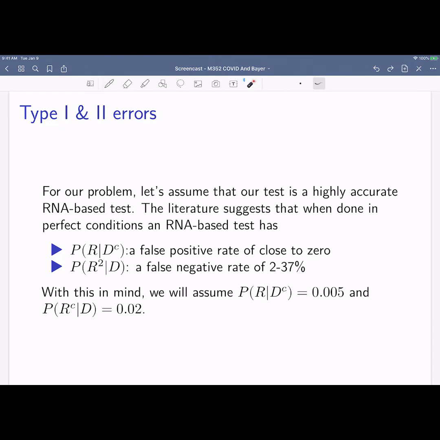So with this in mind, let's assume that our false positive rate is 0.5%. There is often human error, so let's just make that a non-zero number. And let's assume here that our false negative rate is 2%. So we're going to be conservative again. We're going to be down here on the bottom end of the spectrum. And this is a typo. That should be a C.